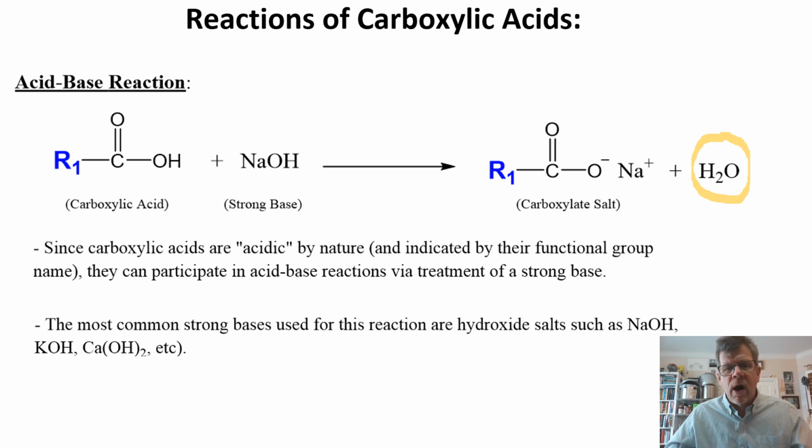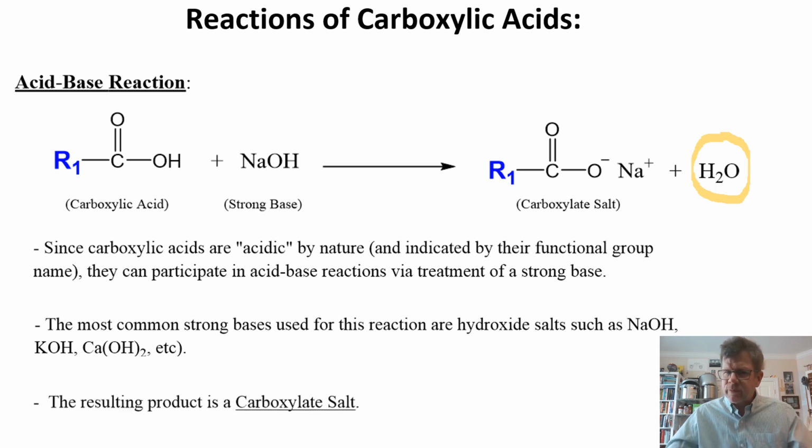And look over on the product profile. The resulting product is known as a carboxylate salt. What was a carboxylic acid is now a carboxylate. So in an acid-base reaction, the hydroxide, OH-, removes an H+ hydrogen ion from the carboxylic acid.